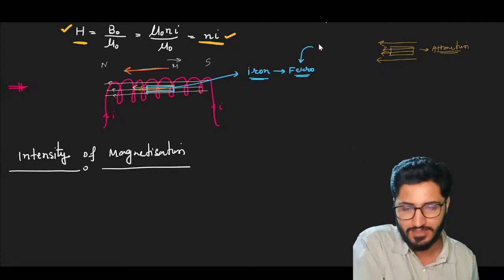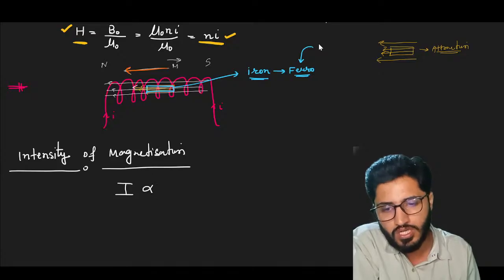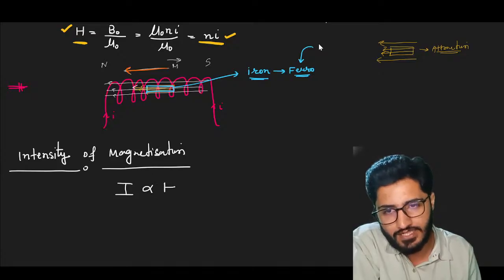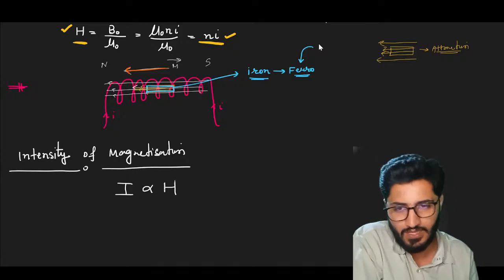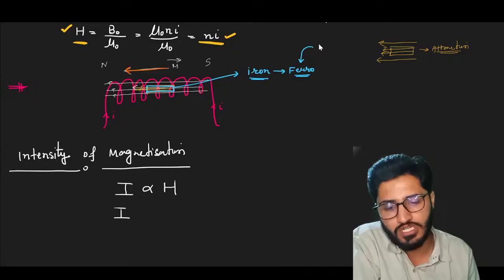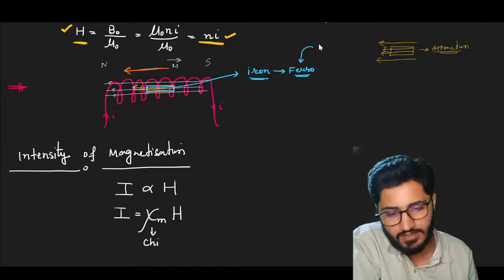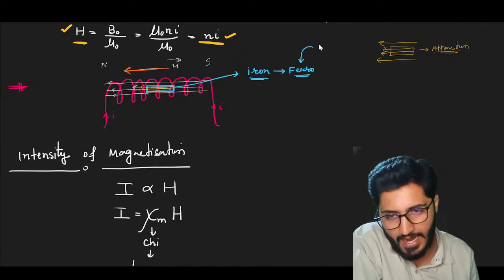It depends on current. The magnetization is directly proportional to the magnetic intensity, H. If we change this proportionality sign, we have this symbol, chi. And this is known as magnetic susceptibility.